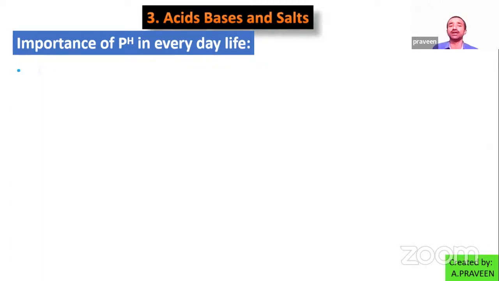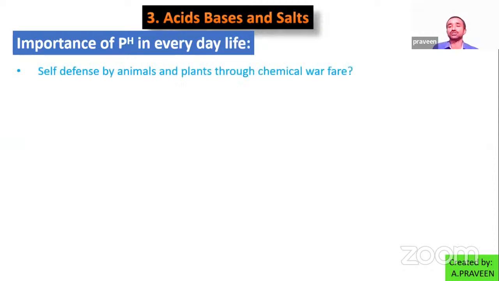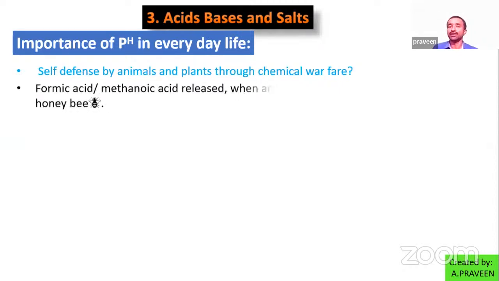The next here, the importance of acids with animals and plants. Suppose honeybees, ants, or a dog plant affect your skin: burning sensation, swelling, reddish, right? So all these are due to what?